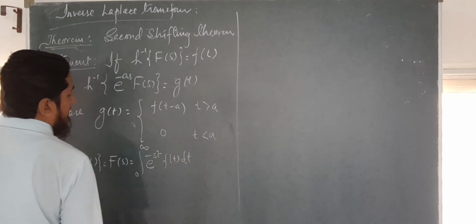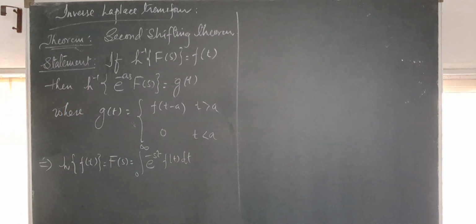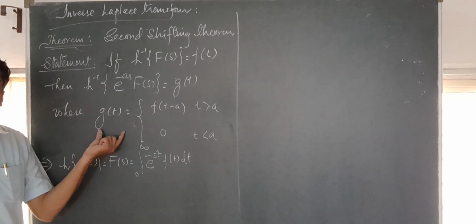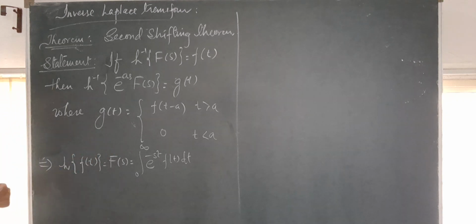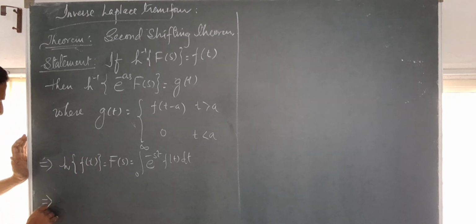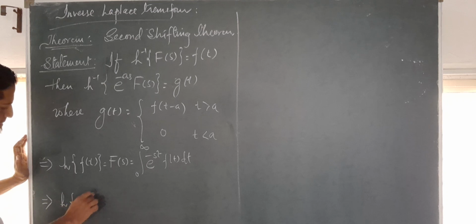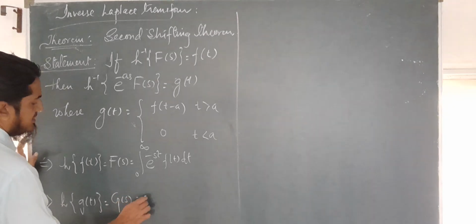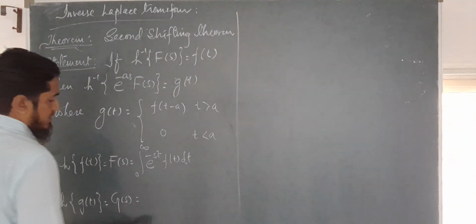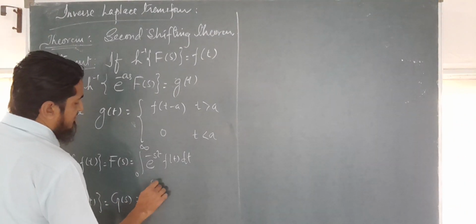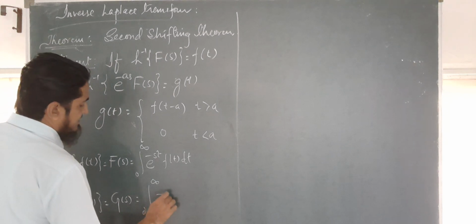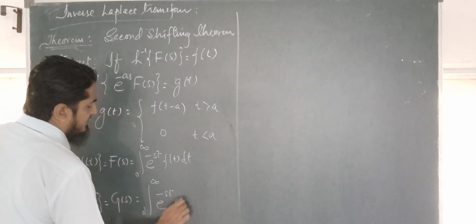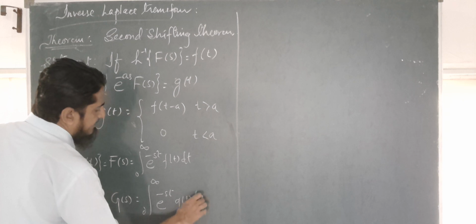Correct. Now we have the function g of t, so we have to replace f of t by g of t, and it will give us G of s is equal to integration from 0 to infinity e raised to minus st g of t dt.